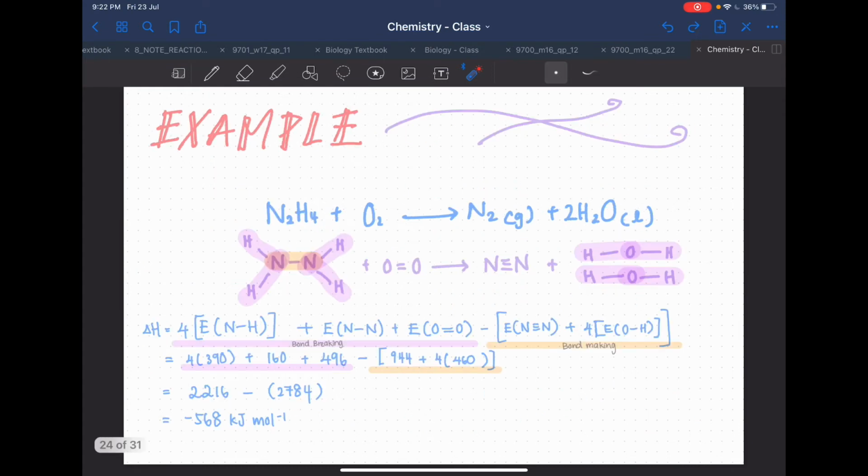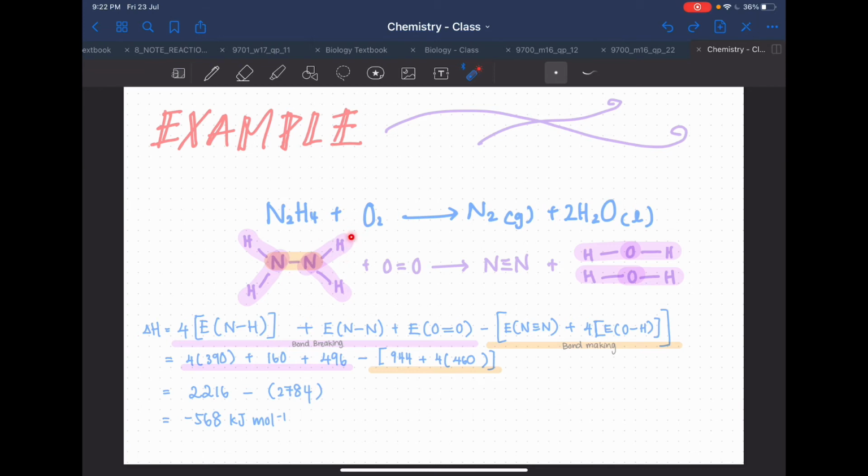So for example, here is a question that we might be asked in the exam: calculate the standard enthalpy change of this reaction. We have this reaction over here. What I would do is first draw the displayed formula of these covalent compounds, so then I can easily count how many of these bonds there are, and then substitute the values from the data booklet.